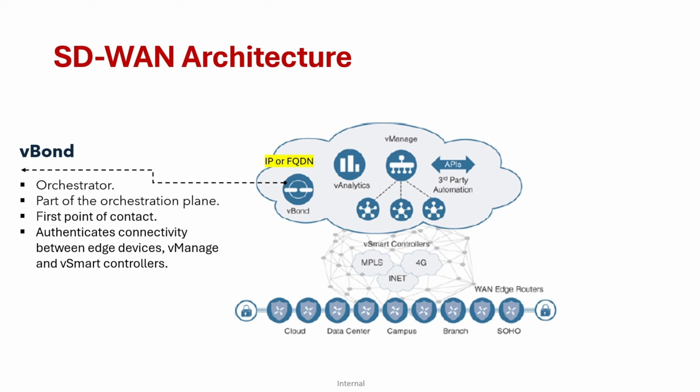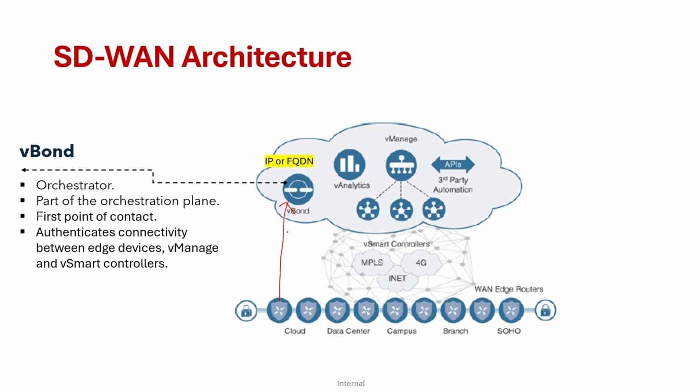Initially, for example, when a device comes on and knows the IP or FQDN of the Vbond, it will try to authenticate itself with the Vbond.